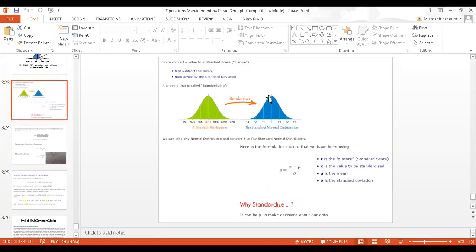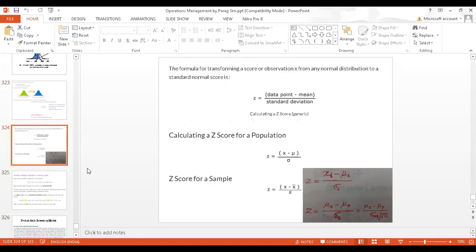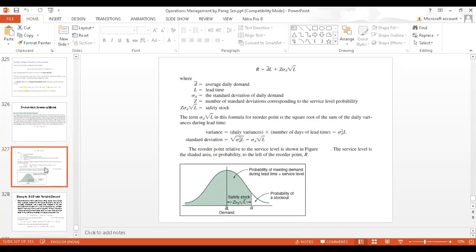The difference between the mean value and some data point is equal to Z into standard deviation. So here also you are doing the same thing.